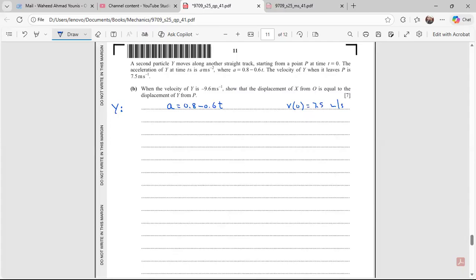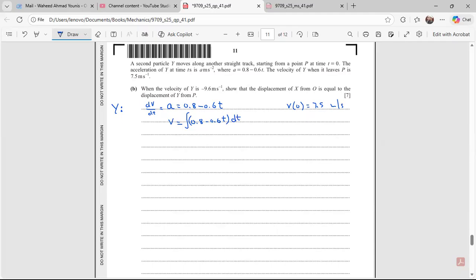Remember that acceleration is basically the derivative of speed, right? So from here we can find the speed by integrating it. The speed is equal to the integral of 0.8 minus 0.6t with respect to t.